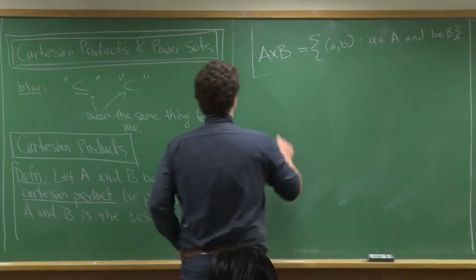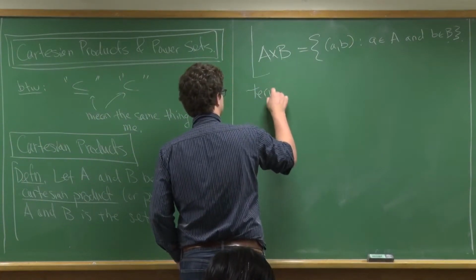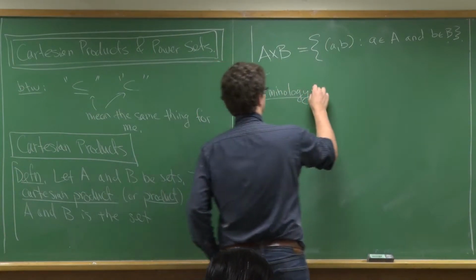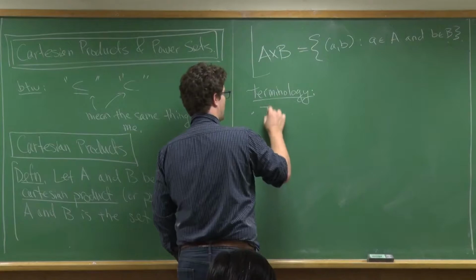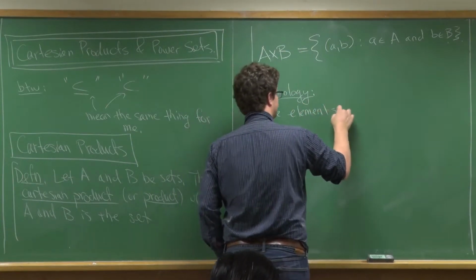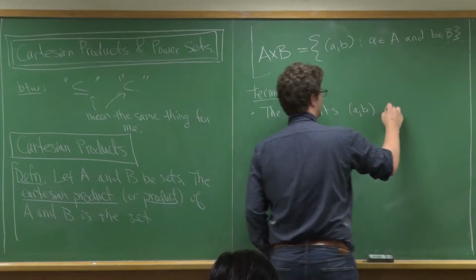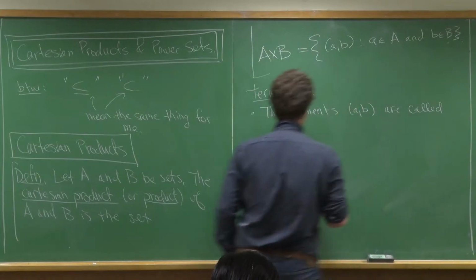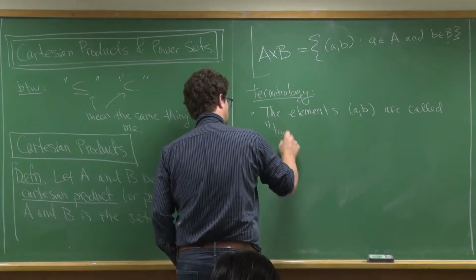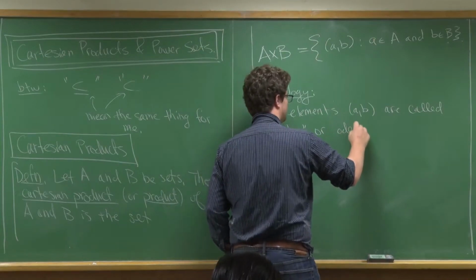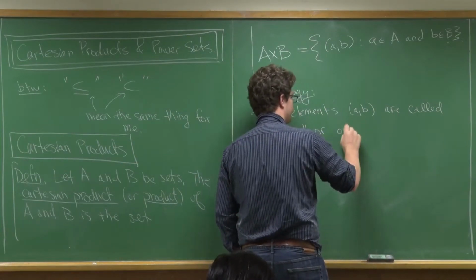Okay, so some terminology. The elements (a, b) are called tuples, or ordered pairs.